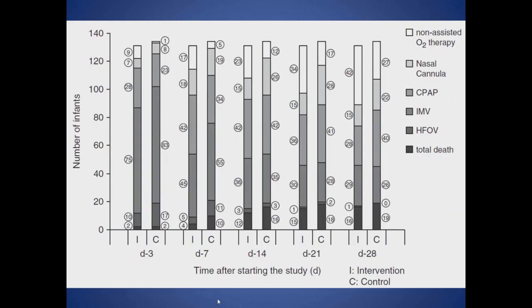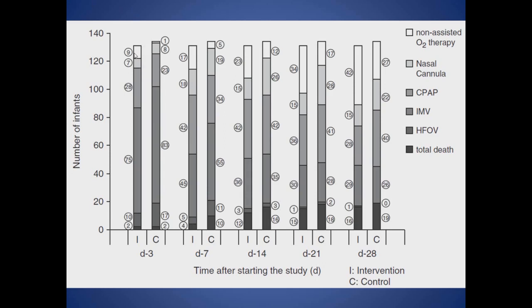Now, this is a busy slide, but this is day 3, day 7, day 14, 21, and 28. In each column, there's a different pattern, including some of the deaths on IMV, on high frequency, etc. But just look at the open column. The open column is non-assisted therapy.